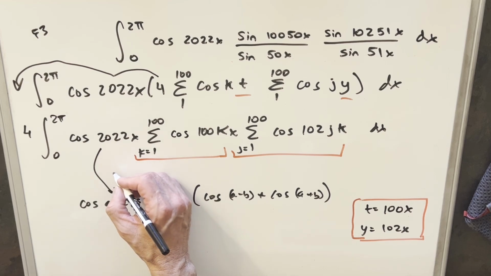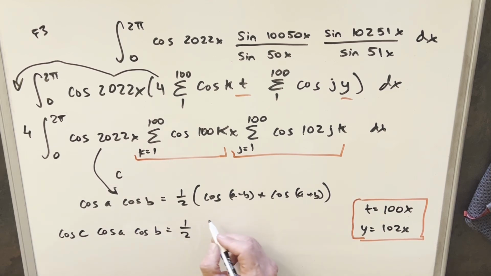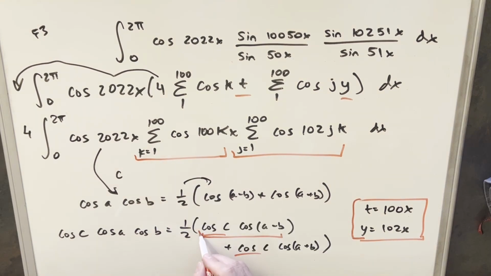Let's call 22x c. So if we imagine multiplying cosine of c times this, we'll say cosine of c times cosine of a times cosine of b. Then we're going to distribute a cosine of c into this thing here. But you notice that each of these is actually in the same form as cosine a times cosine b. So we could just apply this same formula again and get another formula for 3 angles.